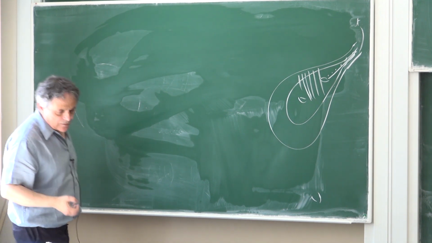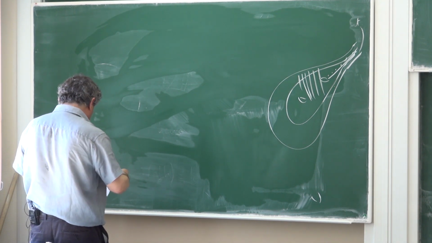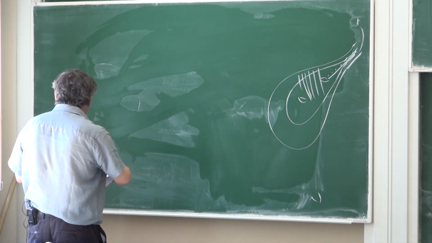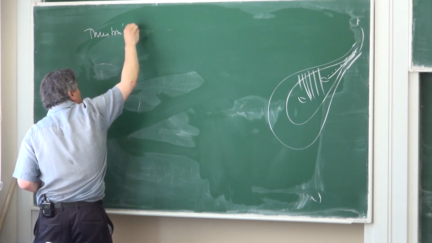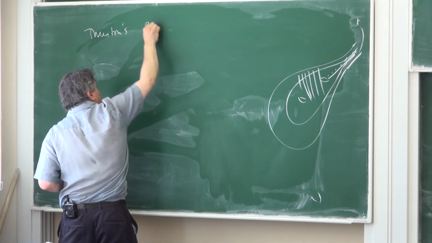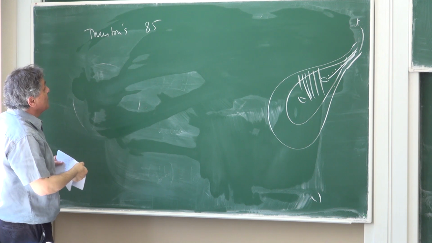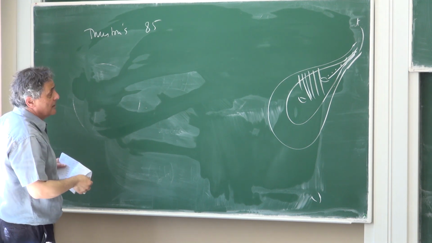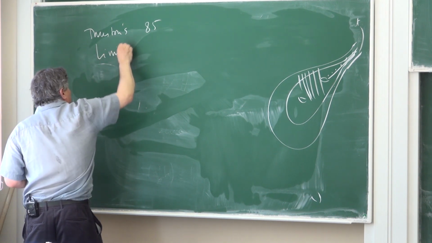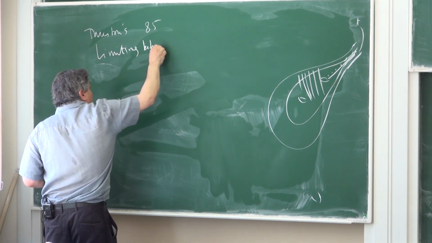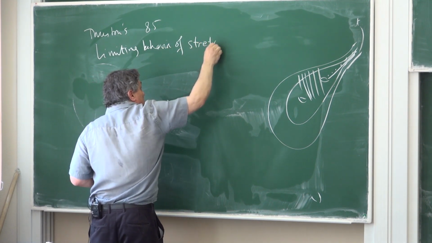Okay. So I wanted to give a few references. There's a sequence of papers. Thurston's paper, which I already mentioned, was written in '85. This question about the limiting behavior of stretched lines.